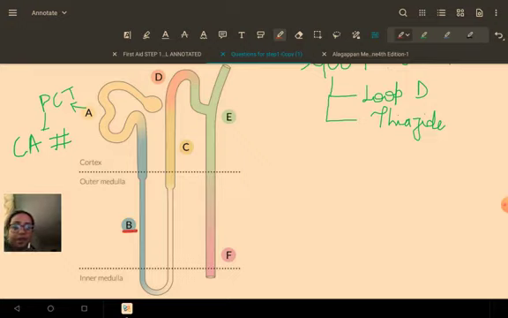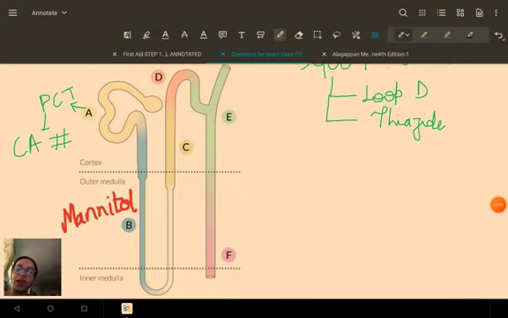Now B is basically the location where the osmotic diuretics act. So a drug like mannitol, which is an osmotic diuretic, is going to act on the descending limb of the loop of Henle and it will be active at location B. Mannitol is going to exert osmotic pull inside the loop of Henle and pull all of the water inside, leading to diuresis.